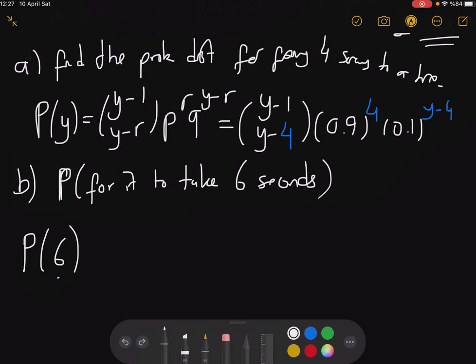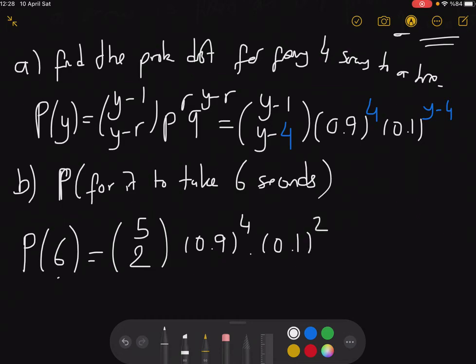Your Y is 6, and Y minus 1 is 5, and Y minus R, you need to fix 4 of them, right? It's 2, and it would be 0.9^4 times 0.1^2, and the result will be 0.0656, which is approximately 6% probability to have it fixed in 6 seconds.